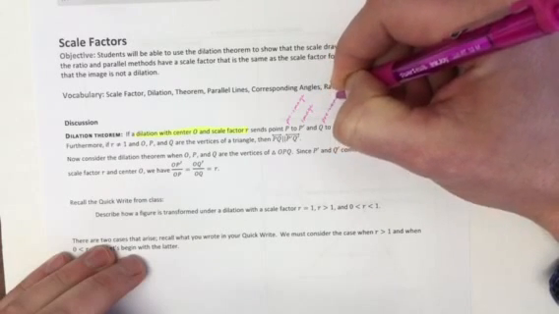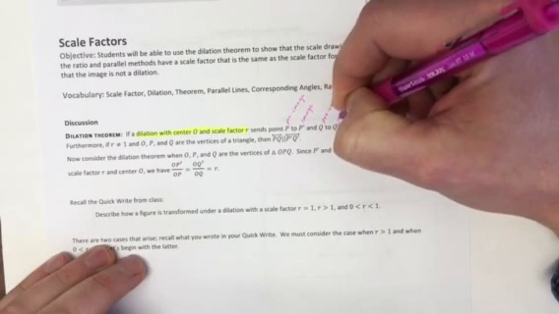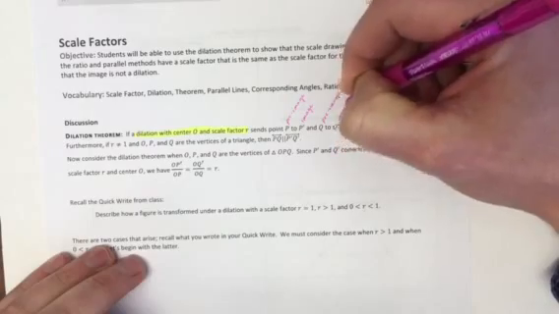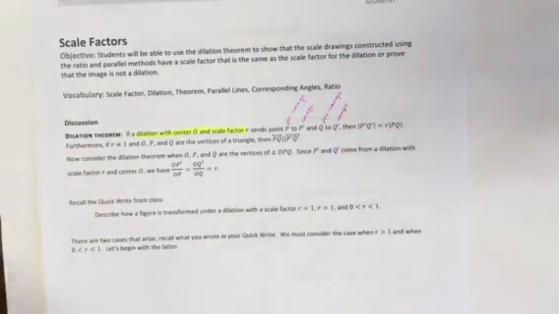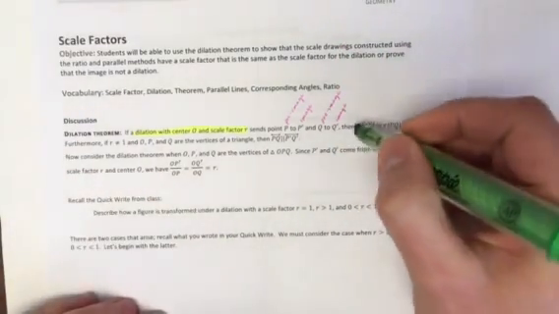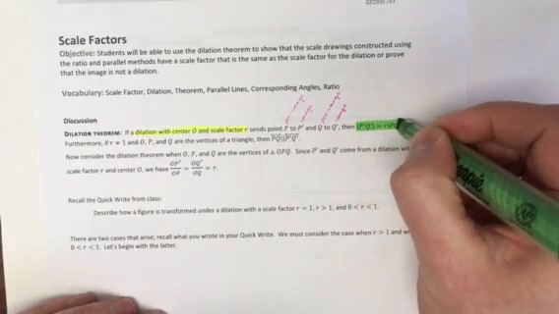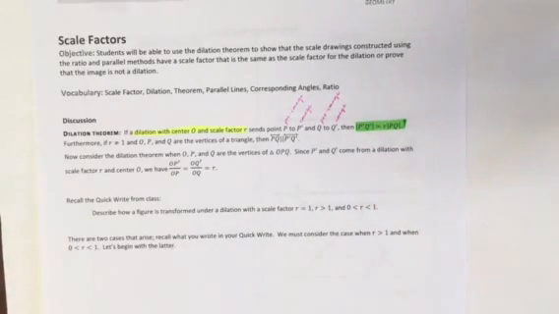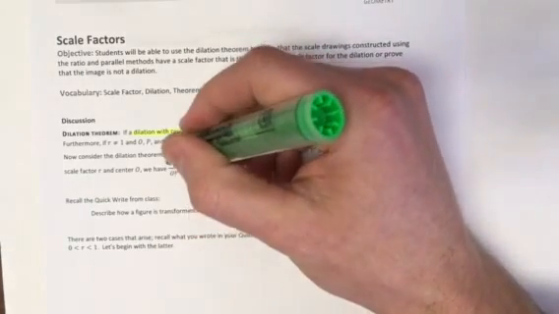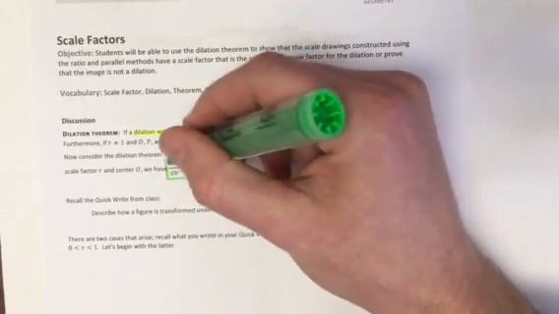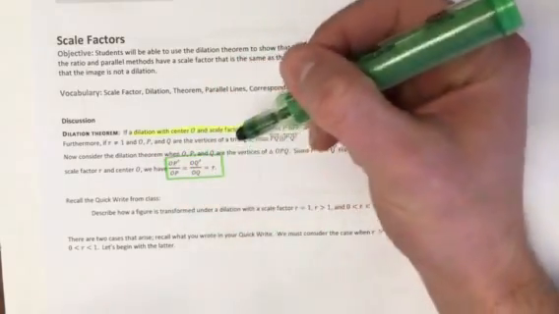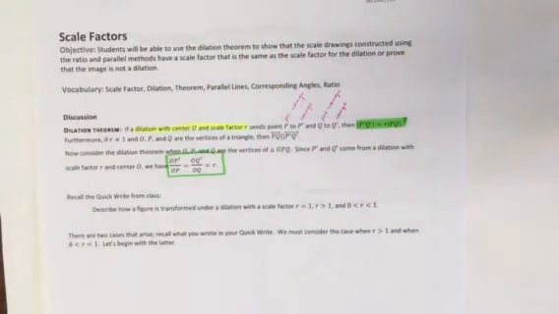Then we're back to honing in on this relationship: the image is the product of the scale factor and the pre-image.